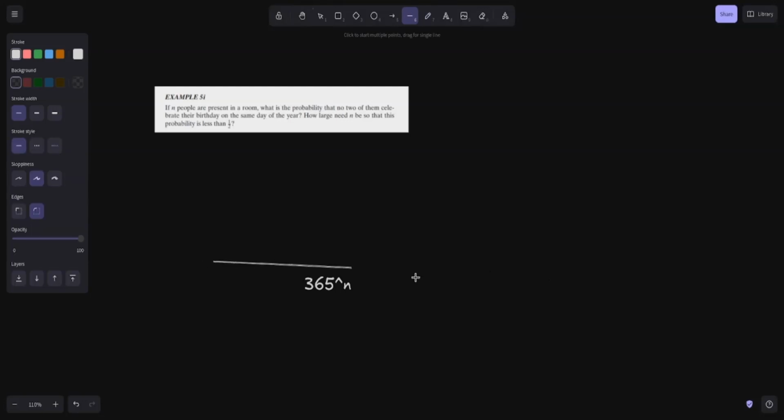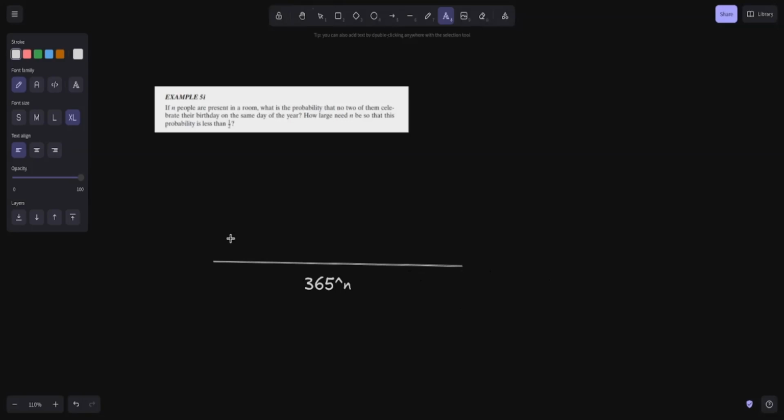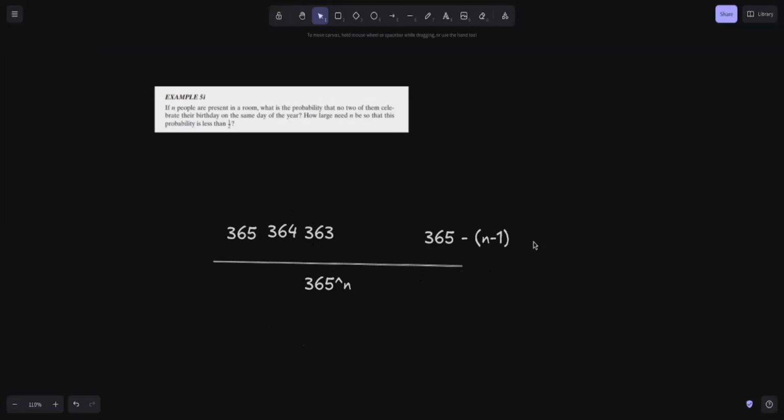So first it will be 365, means none of them are there. Then we have to multiply it with 364 because we have one less common, right? Then 363, and it goes on till 365 minus n minus 1. So these many cases, this is basically the probability.